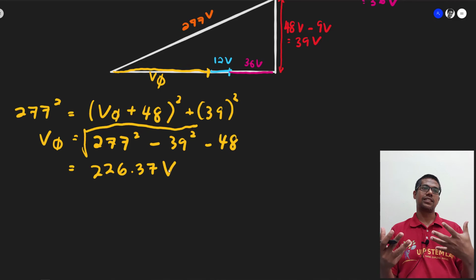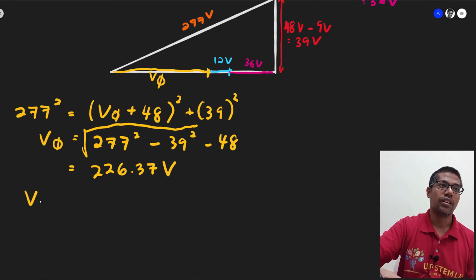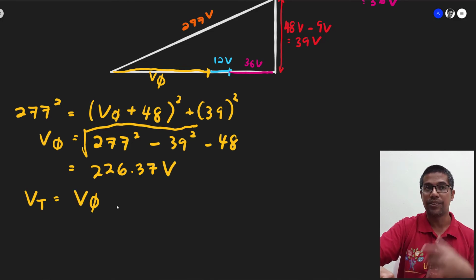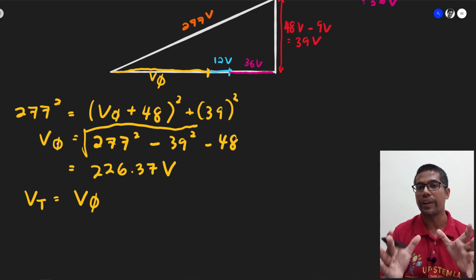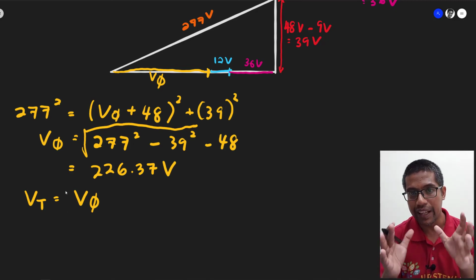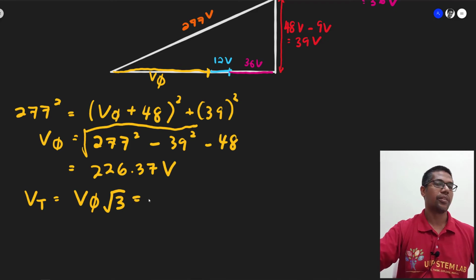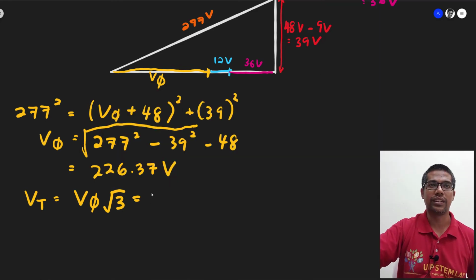Then we got our V phase. After you got V phase, is this the answer? No, we need to get our V terminal. This is V phase at full load condition, 0.8 lagging power factor. Now we got our V terminal, V phase times square root of 3, equals 392 volt.